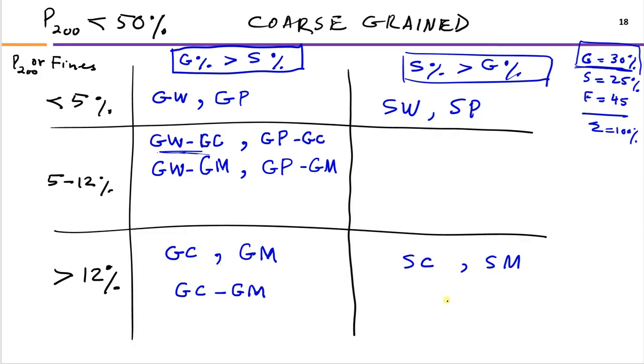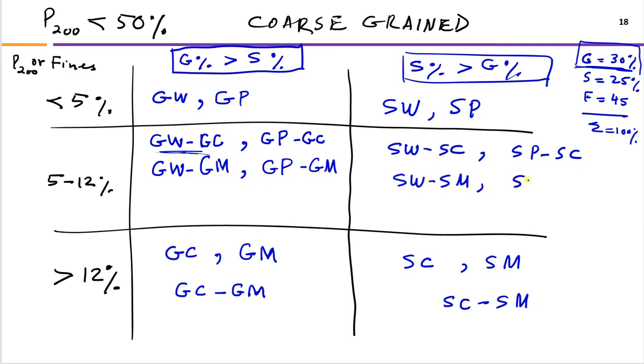Or if we combine them, it is going to be SC-SM. It means this sand contains both silt and clay, and when we mix them together, this is a borderline case, so it is going to be SWSC, or SPSC, or SWSM or SPSM.